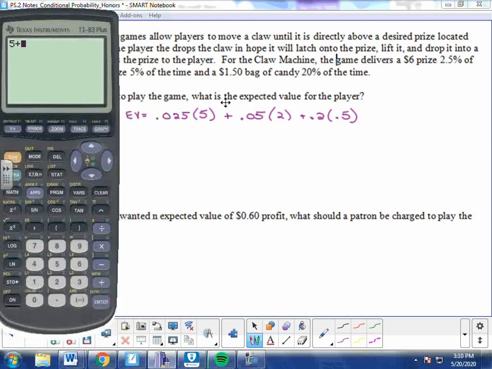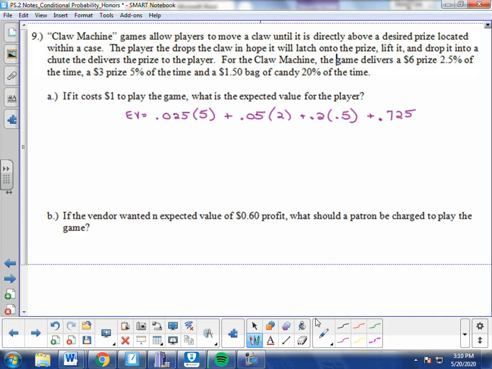So the percentage of winning is the 5% plus the 2.5% plus the 20%. So you have a 27.5% chance of winning, which means you also have a 72.5% chance of losing. So we have to take into account that event. You get nothing, so 0.725 is the 72.5% chance that you get nothing.